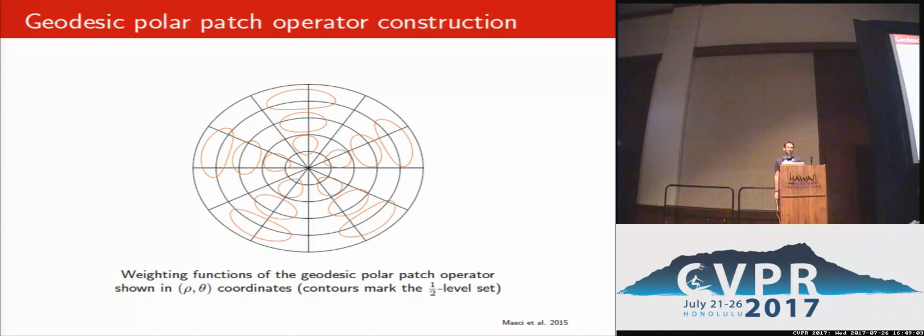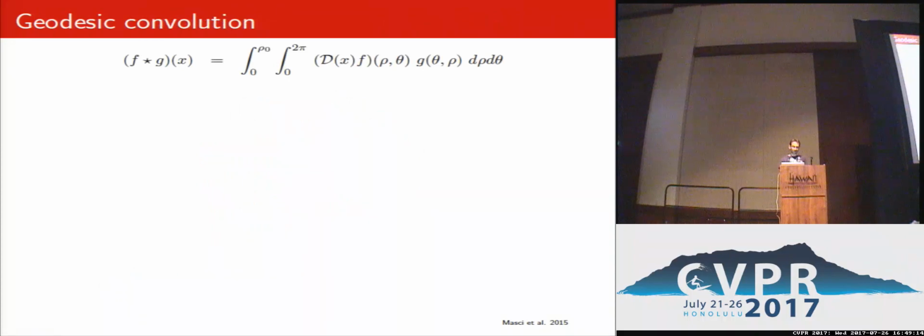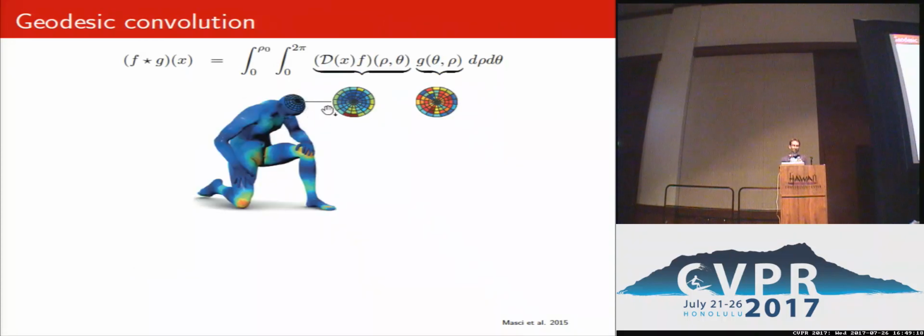If we plot the local polar system of coordinates in a plane, these are, for example, the weighting kernels that are used for these geodesic patches. We define the geodesic convolution in this way. It is illustrated here: this is a patch extracted around a point, and we multiply it by the filter g.